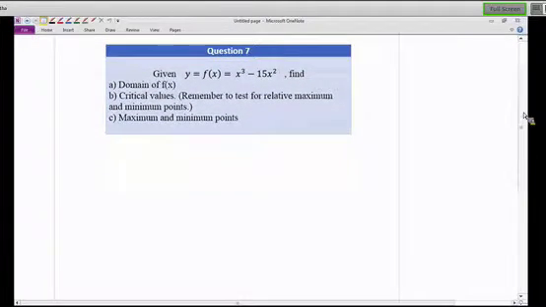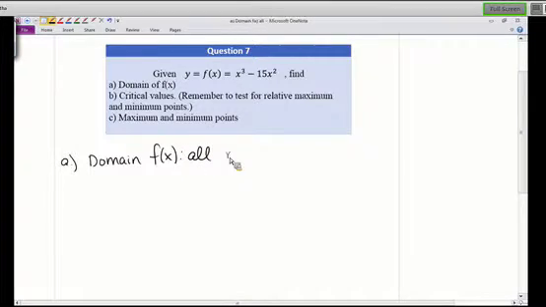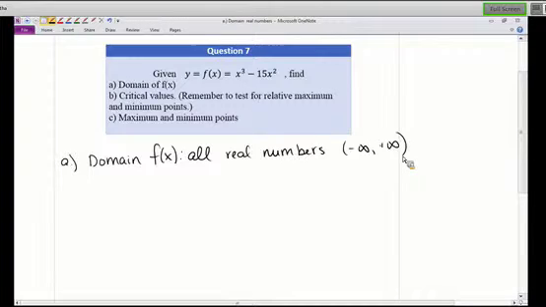Okay, so question 7. We're given the function x to the power of 3 minus 15x squared, and we're asked to find the domain of f of x. That's part A. The domain of f of x is actually going to be all real numbers from negative infinity to positive infinity, because our function is a polynomial.